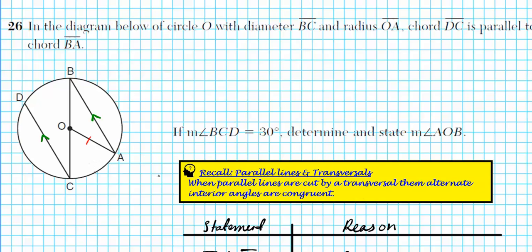Right there. Now, what's the relationship between BC and OB? Okay, BC is the diameter, so OB is half of the diameter, which is the radius. Okay, so if AO or OA is a radius, guess what? OB is the radius also. This is also a radius.